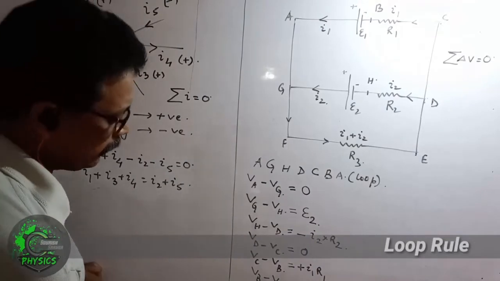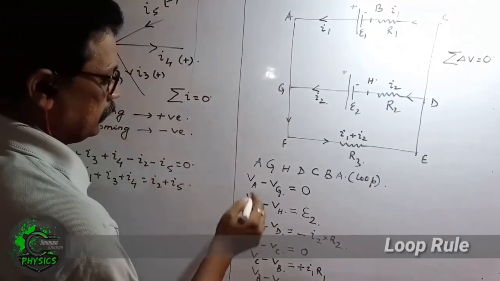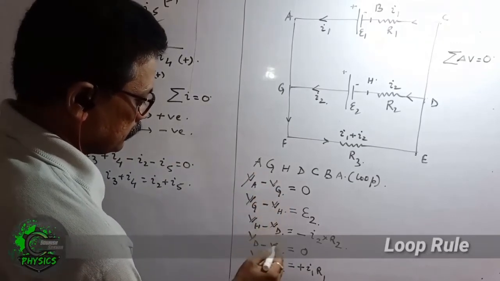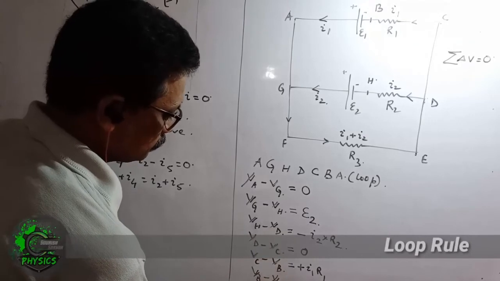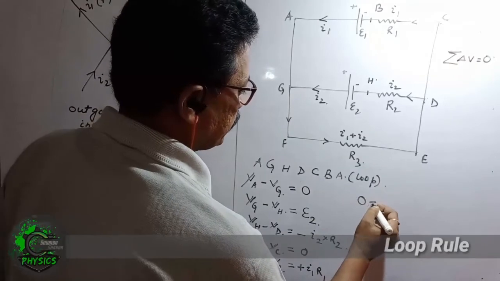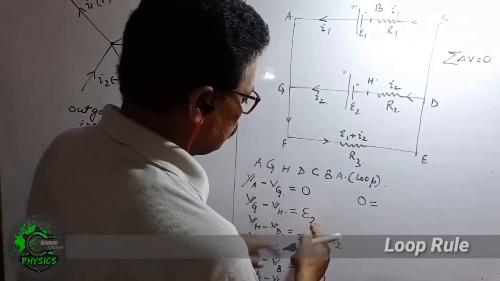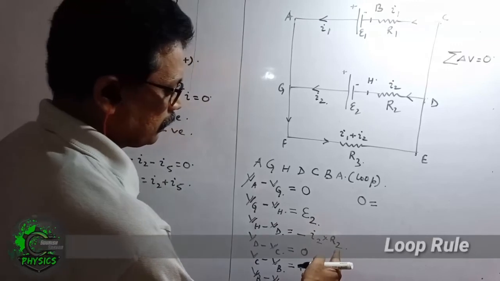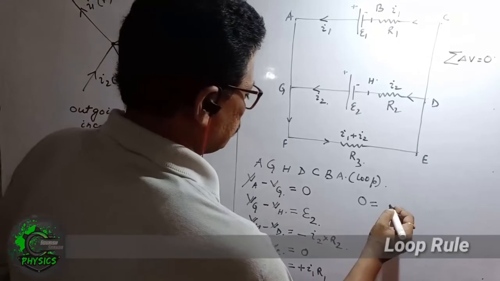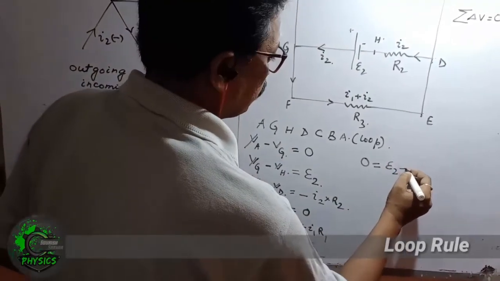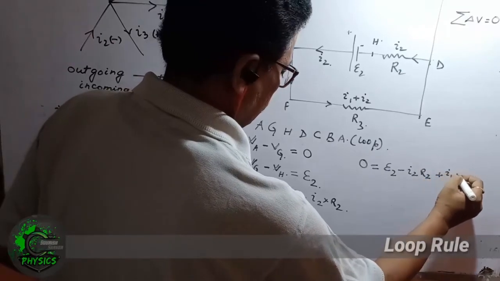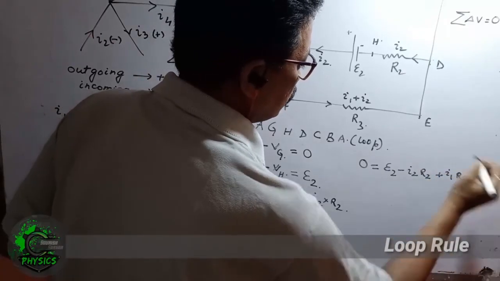Now if we add all these equations, then on the left side all the terms cancel out, so the left side result is 0. On the right side we get 0 plus E1 minus I2 R2 plus 0 plus I1 R1 minus E1.